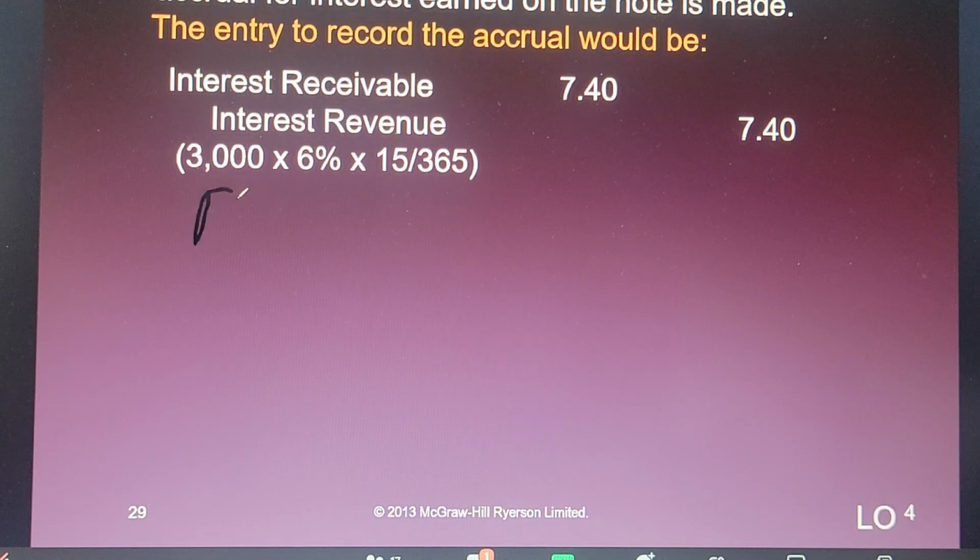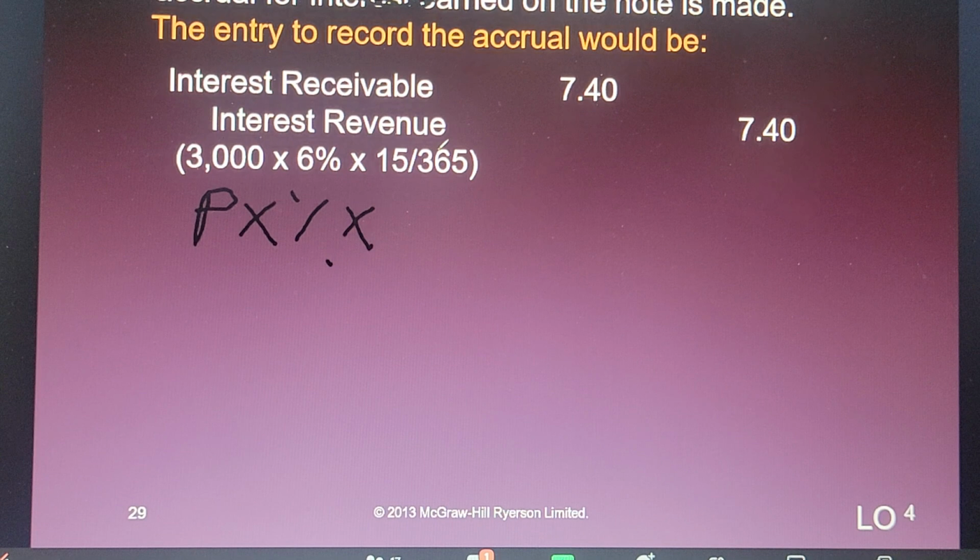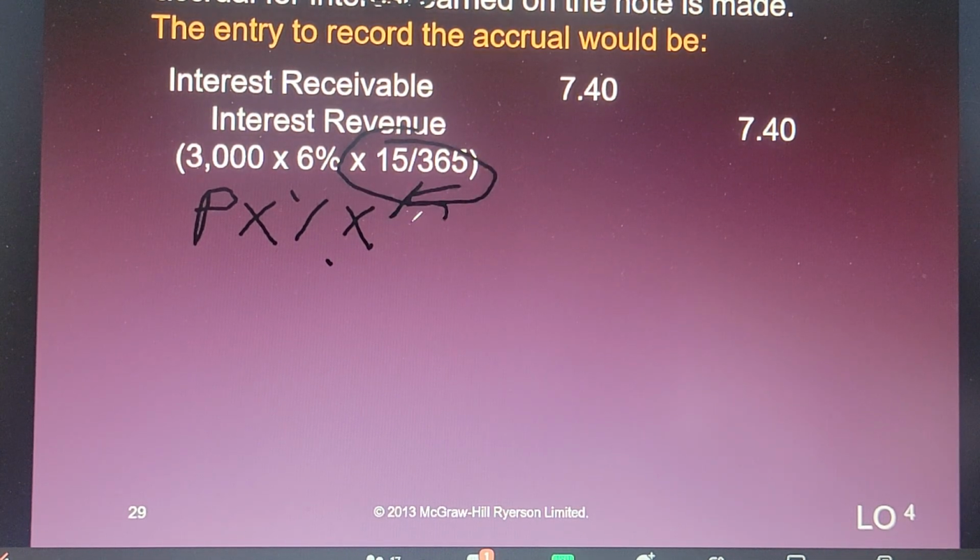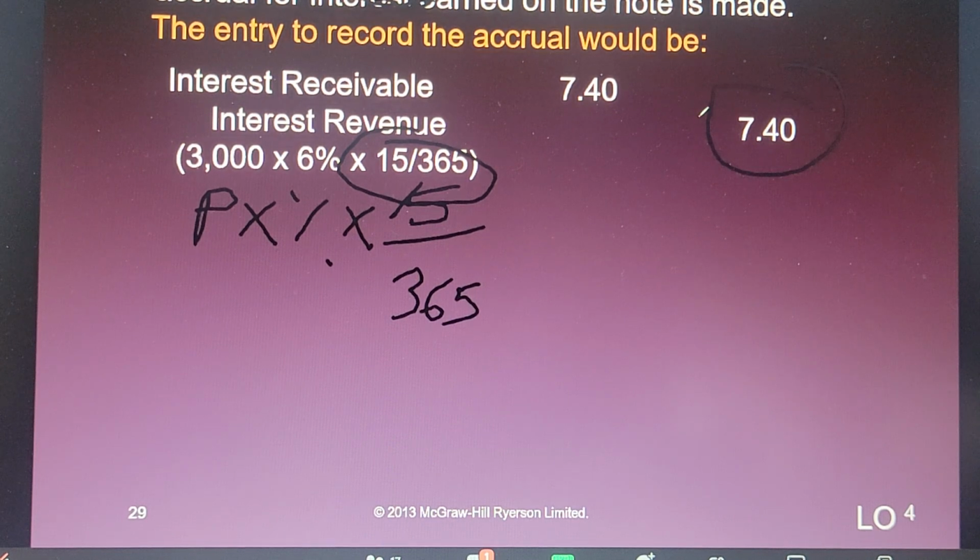The principal by the interest rate by 15 days, between the 16th of December until the 31st. See how I write it? 15 over 365. Calculating this gave me 740.